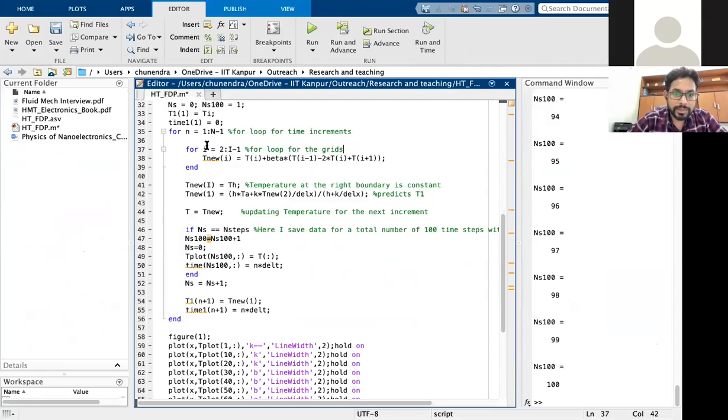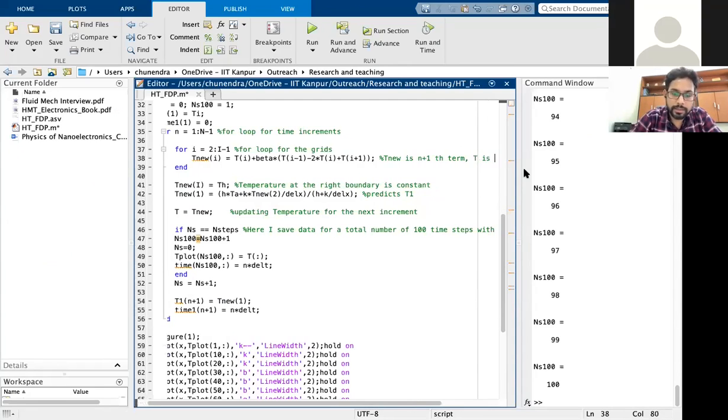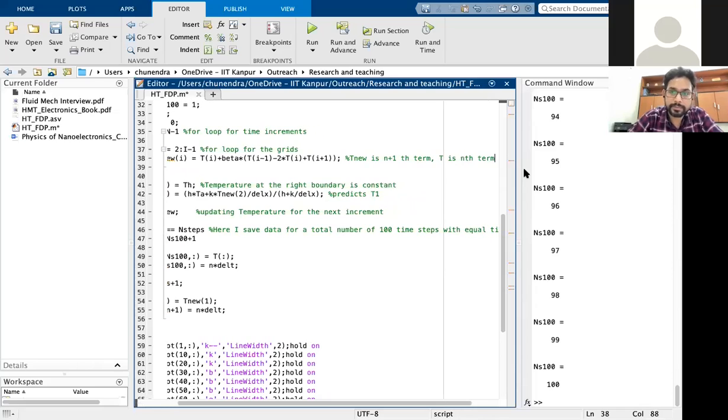So we start with I equal to 2 to I minus 1. So T new is basically the n plus 1th term, and T is the nth term. All right.